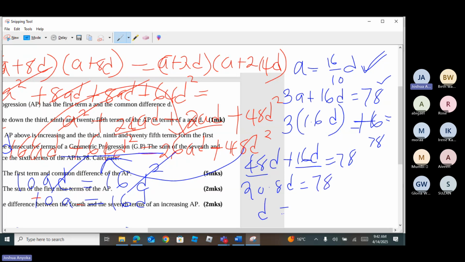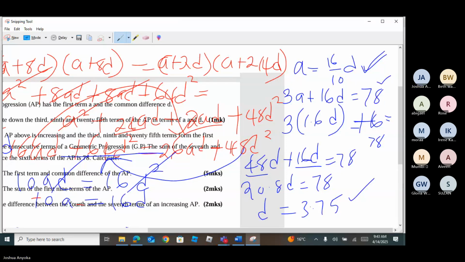Divide. D is equals to 78 divided by 20.8. Okay, a decimal. 3.75. Good. That's the value of D.